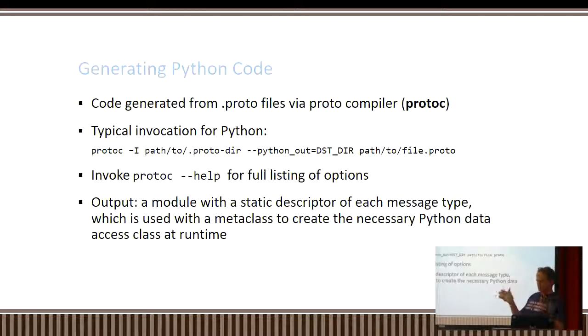So if you've got a cross-language system, and you want to generate Ruby and Java and Python, you can specify them all in the same command line and have it all generated at once. And like any good utility, you can invoke it with help, and it will help. The output, in the case of Python, is a static descriptor of each message type, which, along with a metaclass, you can use in your Python program to access the class at runtime.